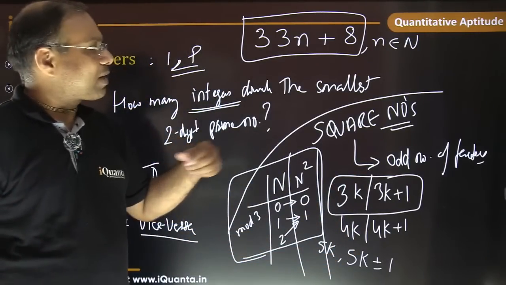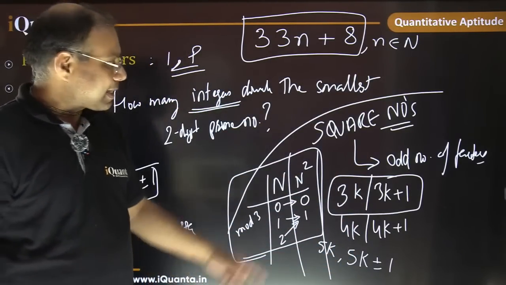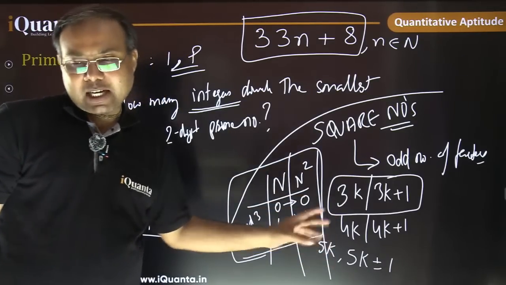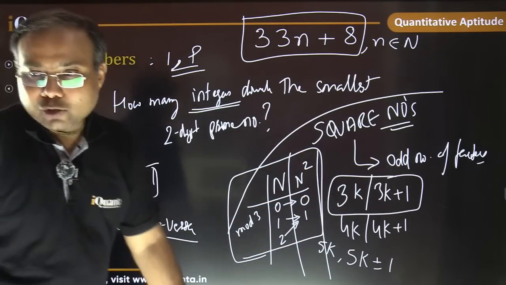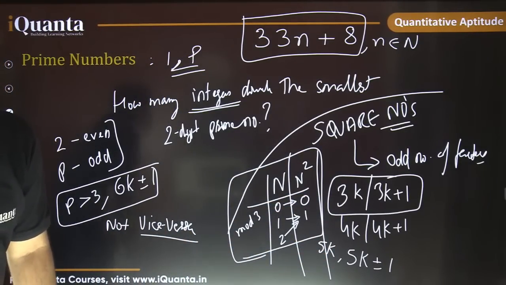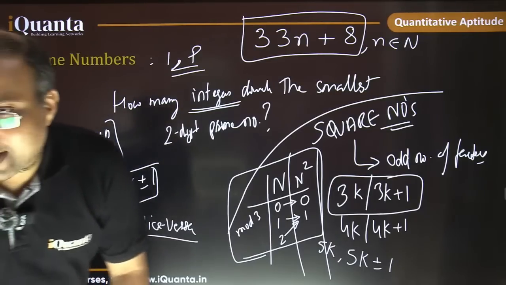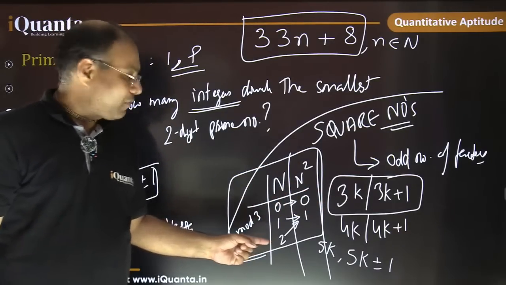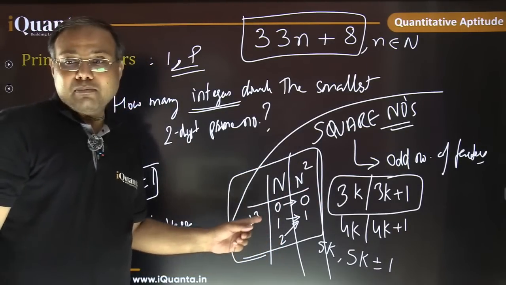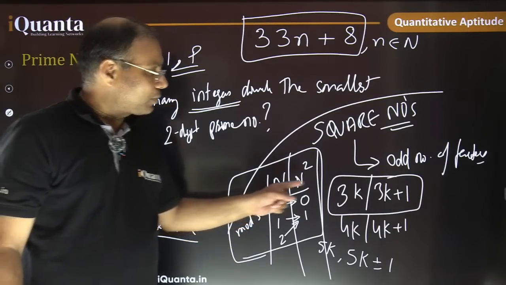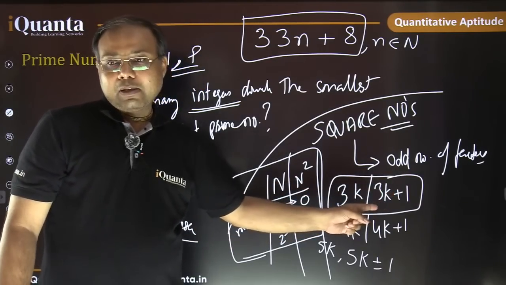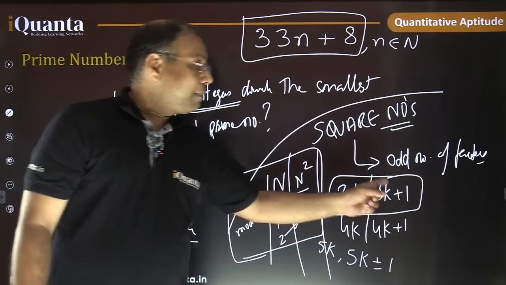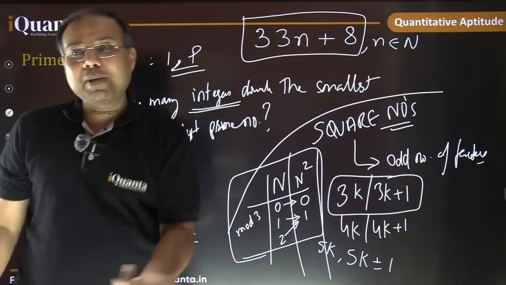So we should understand what are the different forms of square numbers. And as I said, these are the few initial forms which are important to remember. Okay. So I'm moving further now. I just discussed what are different forms of square number. We have found out that a square number is going to be of the form 3k or 3k plus 1, which means the number 3k plus 2 cannot be a square number.